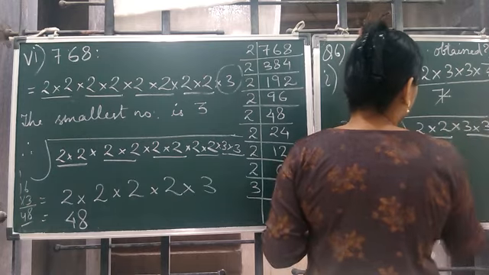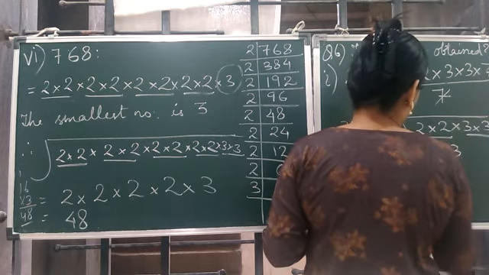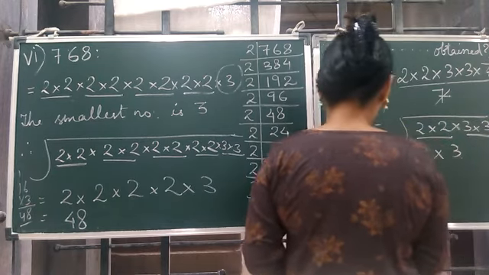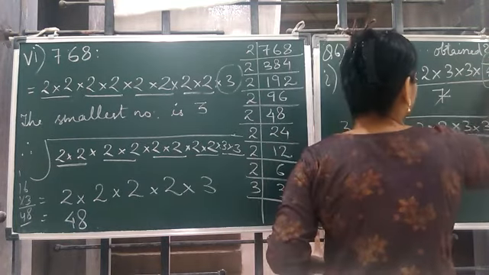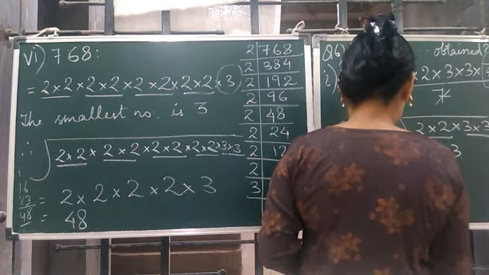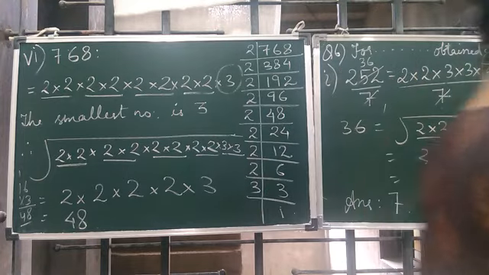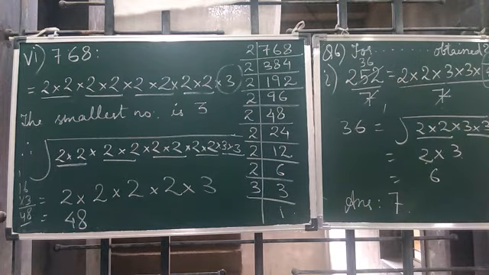That is, you take out the pair. 2 3s are 6. So answer is what? Smallest number is what? 7. This is the number. Answer is 7. This is how we are going to do the sum. So this is the first one. Then we start with the second one.